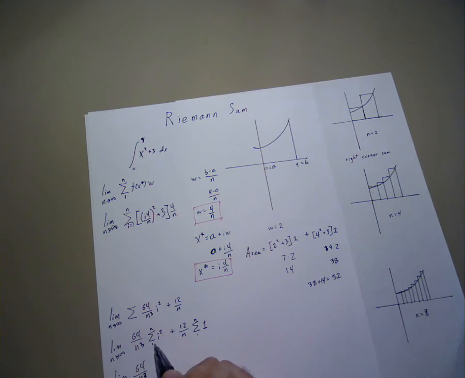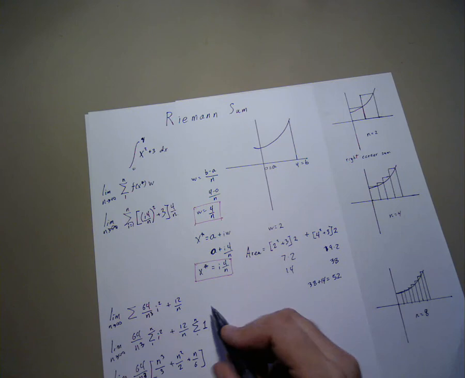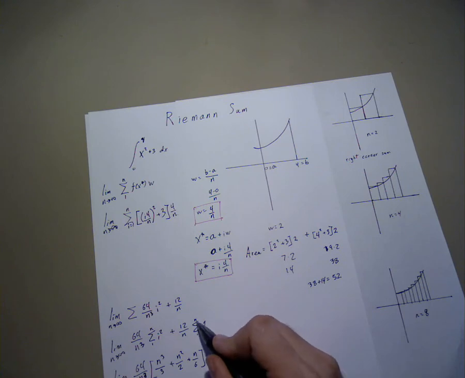This summation right here becomes n cubed over 3 plus n squared over 2 plus n over 6. And our second term here, 12 over n, summation from 1 to n of 1, well, we're summing 1 n number of times, so this right here really is just n.